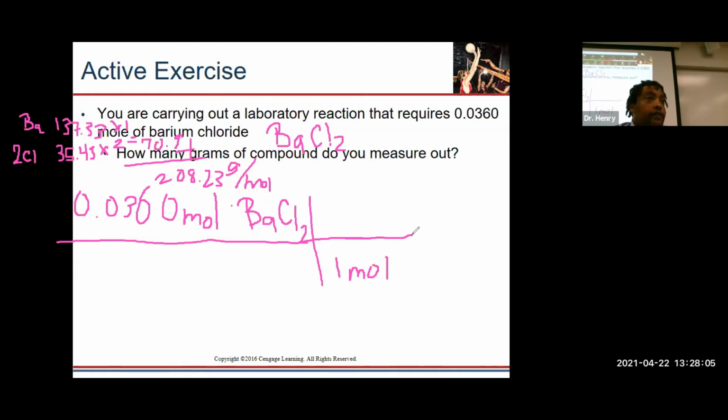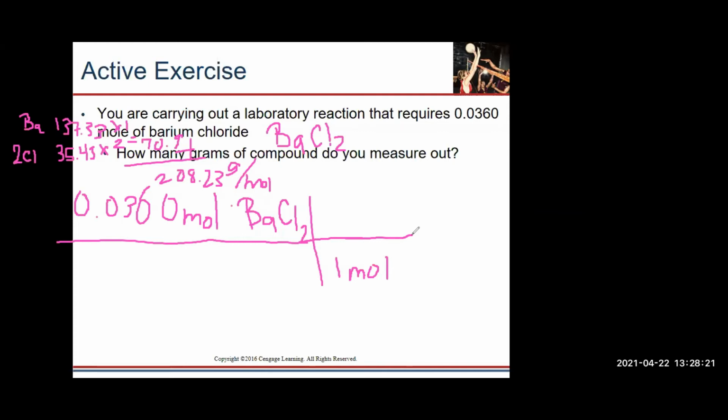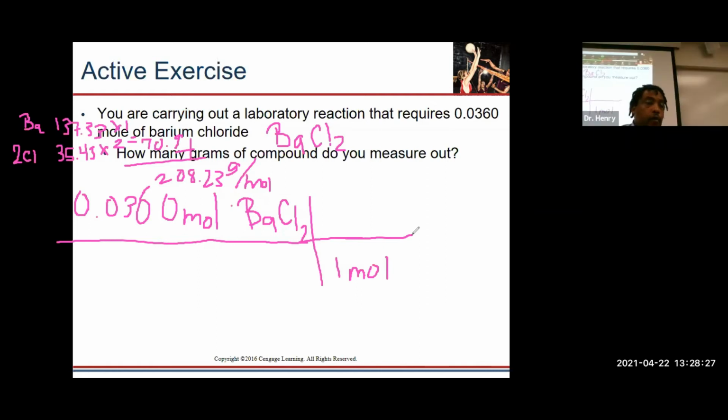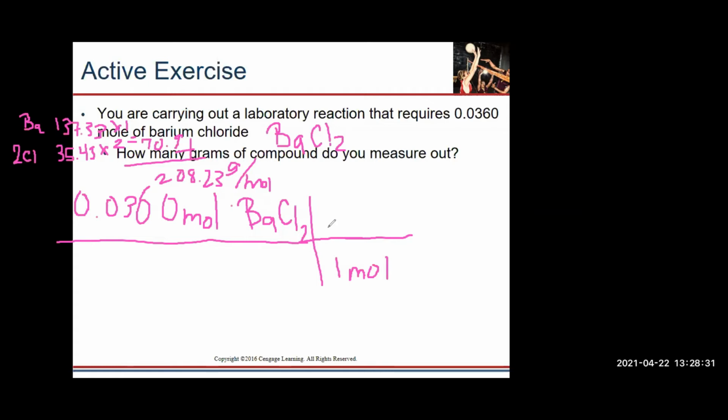And for chlorine, we had 35.45, which is pretty close to a half. With 2 of those, again, it's not negligible. So in this case, I wouldn't round. I would actually keep those decimal points, because that could be the difference between 1 or 2. Thank you.